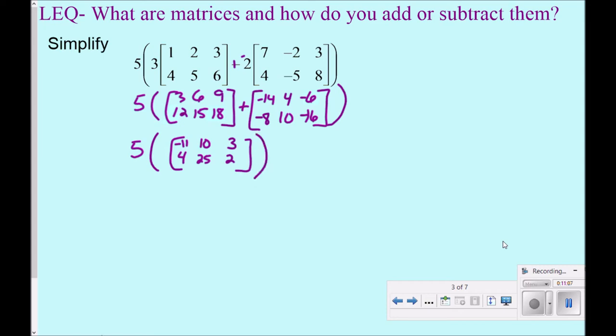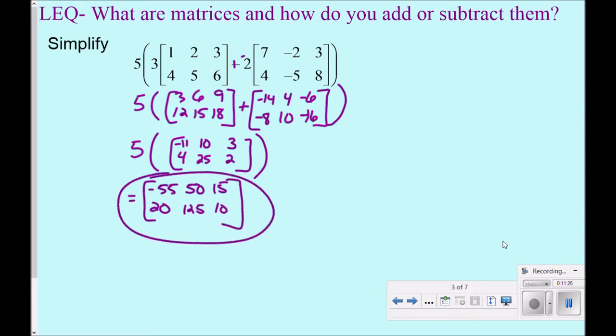So I have a scalar left times a matrix. So I'm going to just go ahead and distribute. So I'm getting -55, 50, 15, 20, 125, and 10. And that is my final answer.